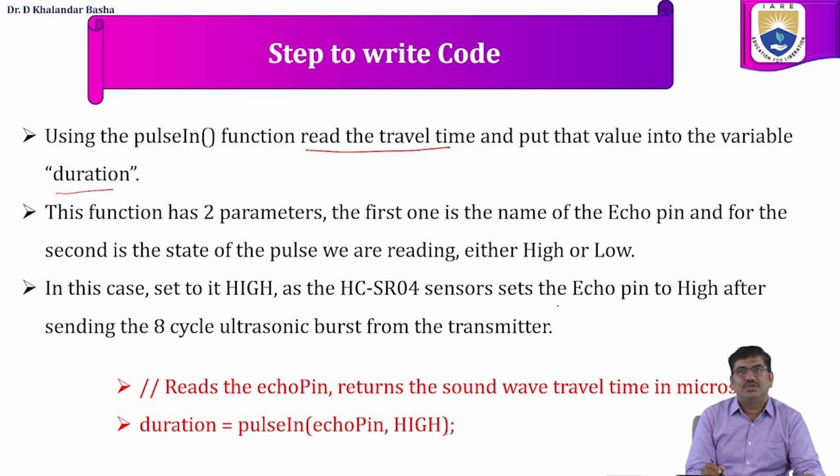This function has two parameters. The first one is the name of the echo pin, and the second is the state of the pulse we are expecting for the echo pin, either active high state or active low state. In this ultrasonic sensor, we are waiting for high.